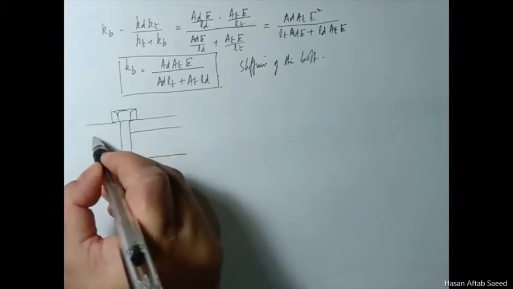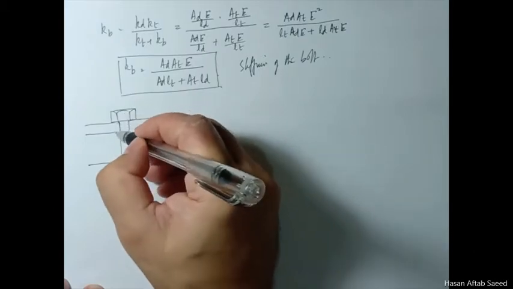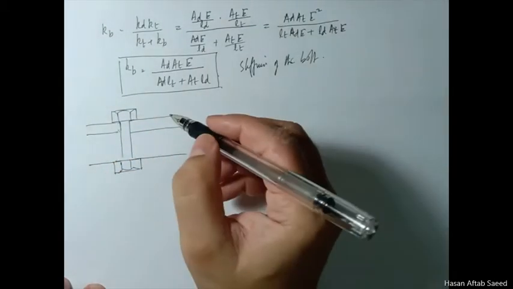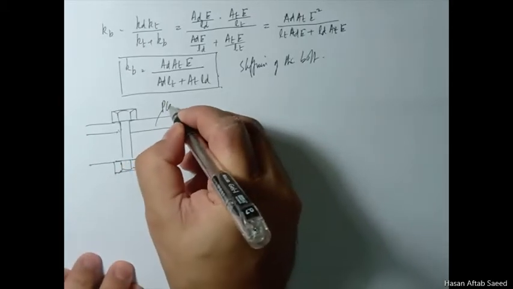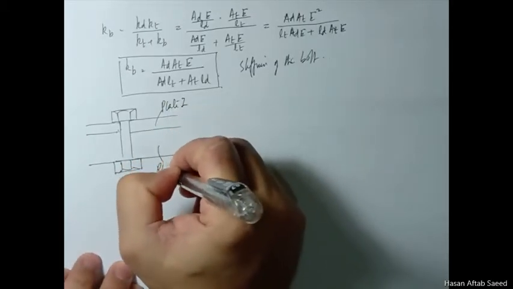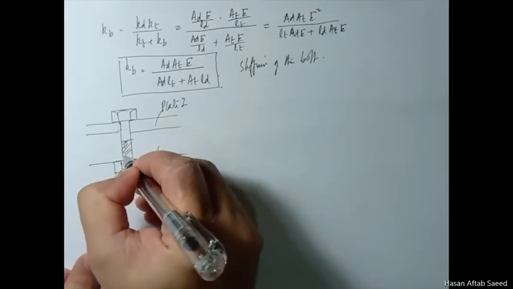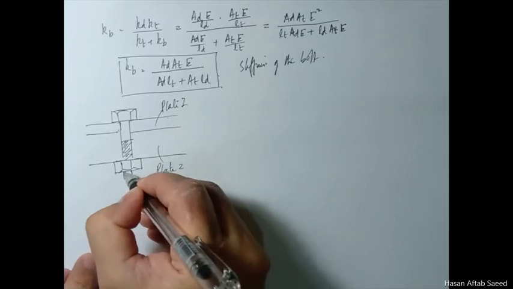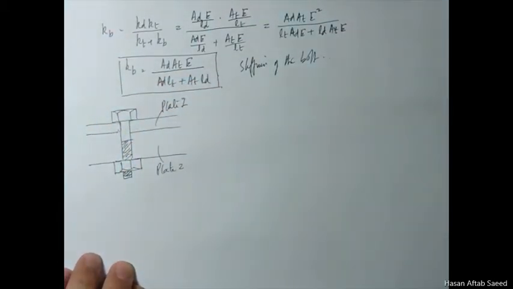These are the two plates that are actually being joined together here. Let's call this plate 1. This is plate 2, and there will be some, again, threaded part and some portion that comes out of the bolt. You're very familiar with this one.